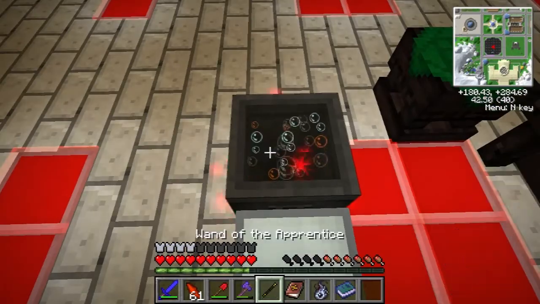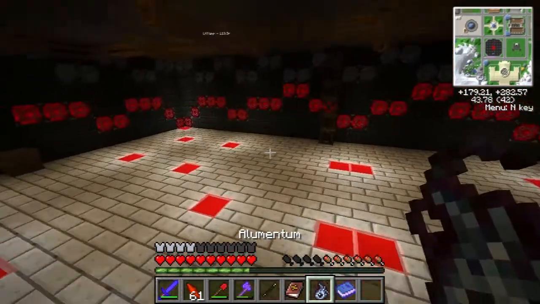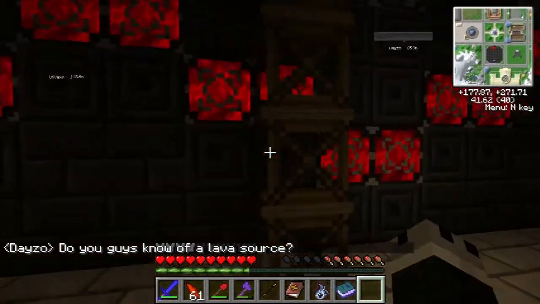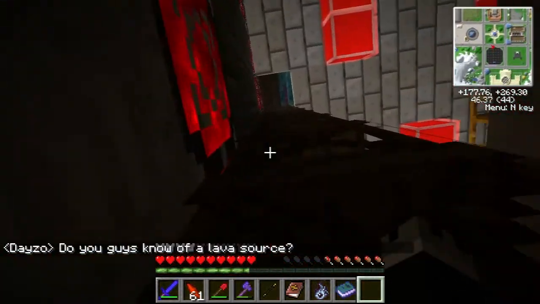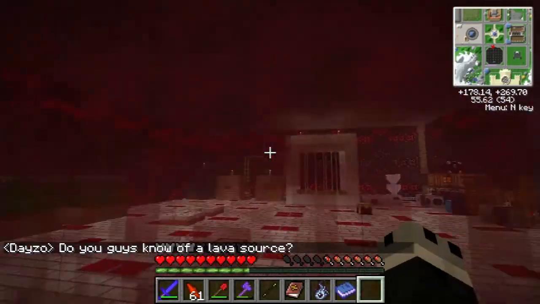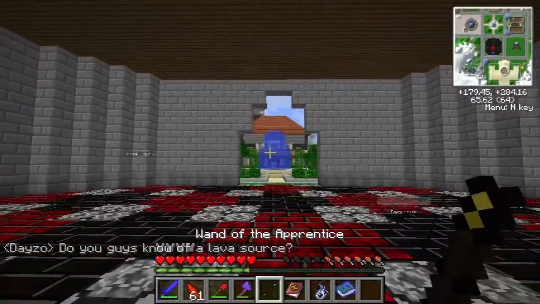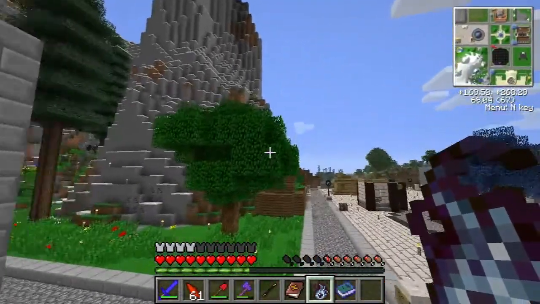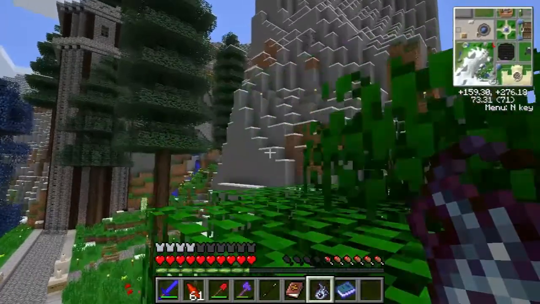I didn't say that earlier. Interesting. I suppose it can be used in a furnace. And apparently it explodes. So I'm going to go kind of away from things here and see exactly what it does.